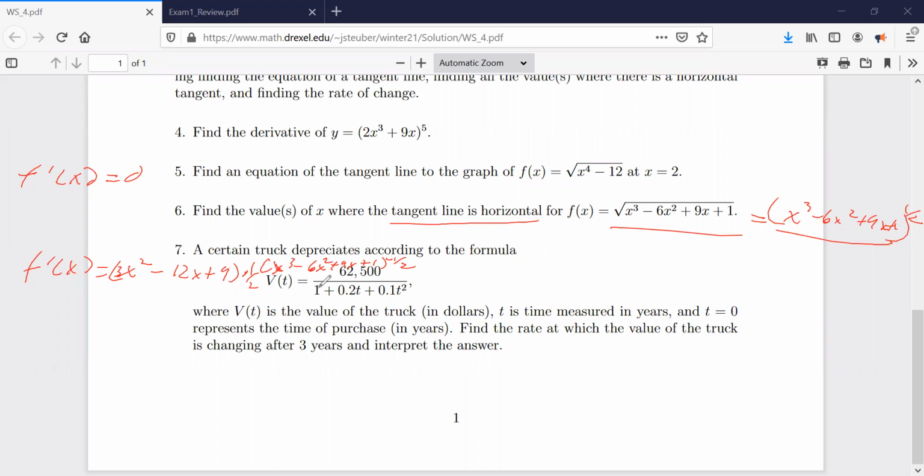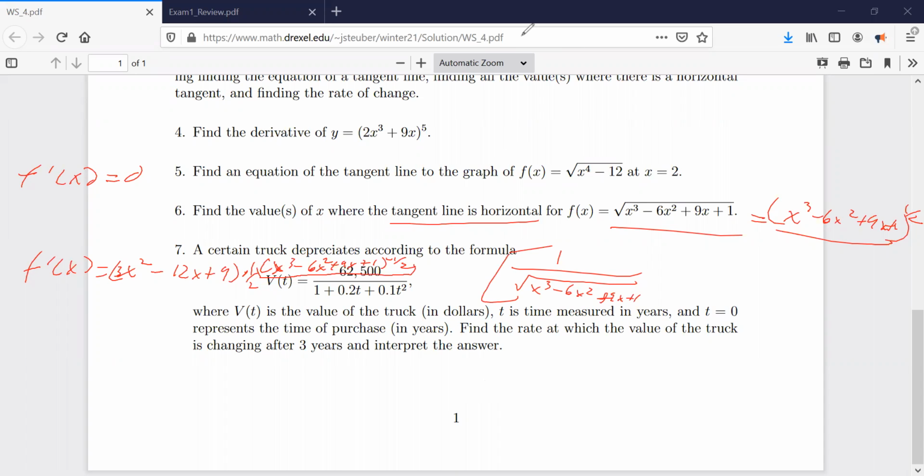So this right here is never going to be equal to 0, because it's a fraction with a 1 on top. You can think of it as 1 over the square root of x cubed minus 6x squared plus 9x plus 1. And when is this going to be equal to 0? It's never going to be equal to 0, right?